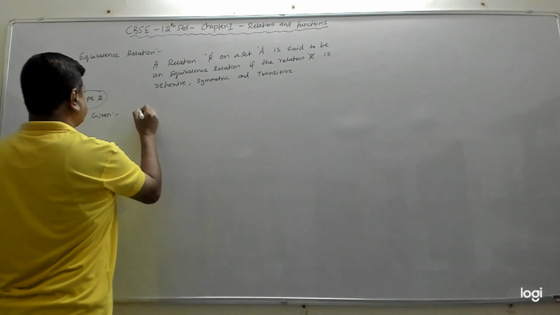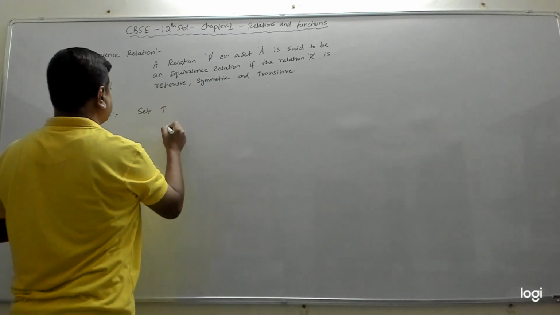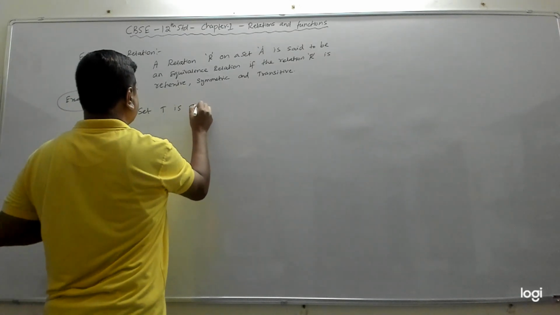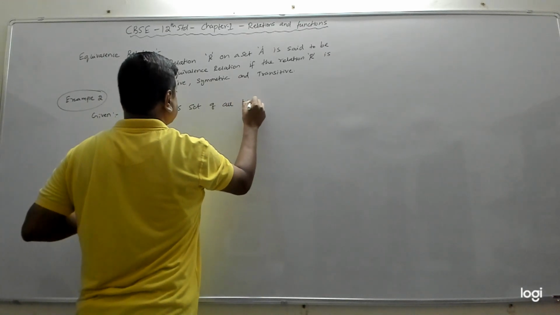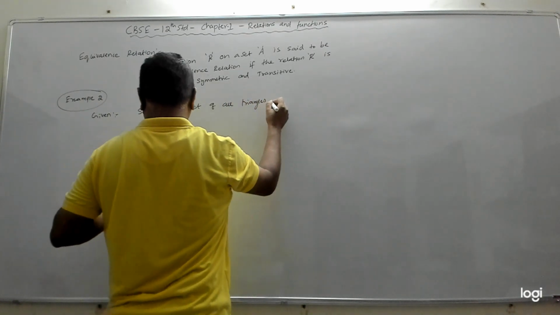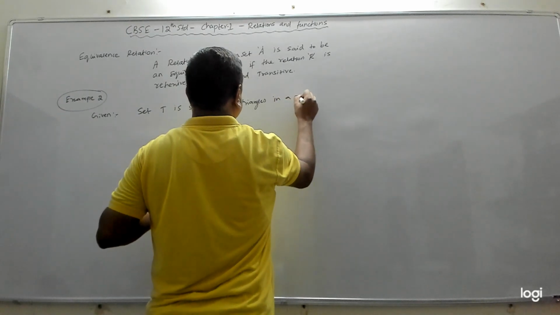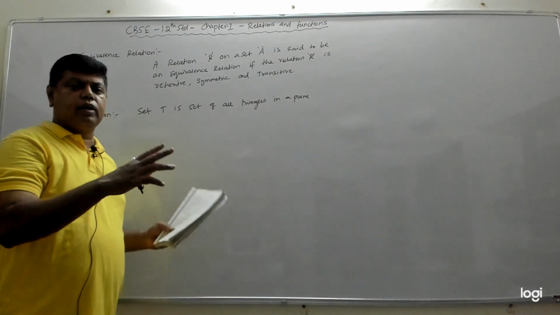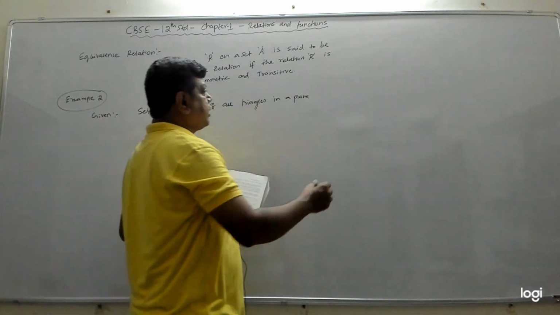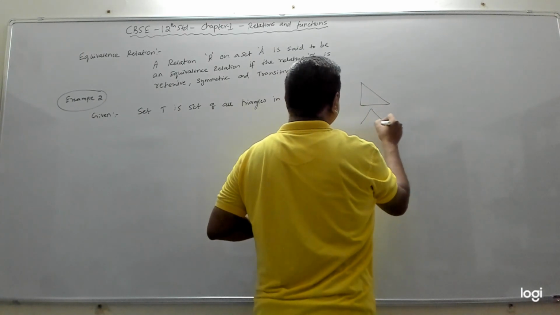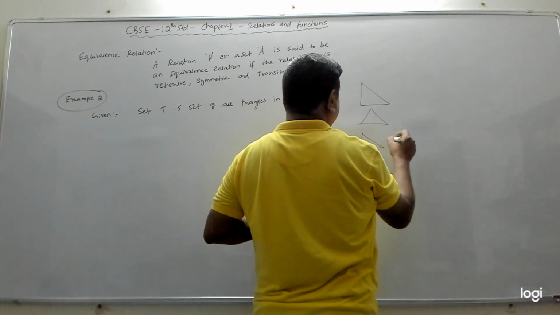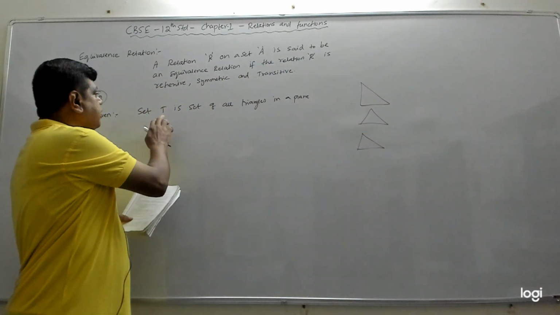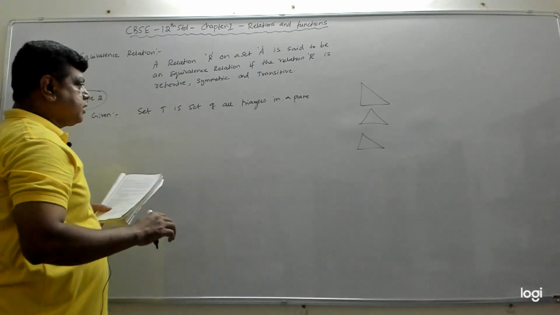Set T is defined as the set of all triangles in a plane, which means the set T has all the different triangles in our plane. It can be a right triangle, an isosceles triangle, an equilateral triangle, a scalene triangle, or any triangle. So set T has all triangles.